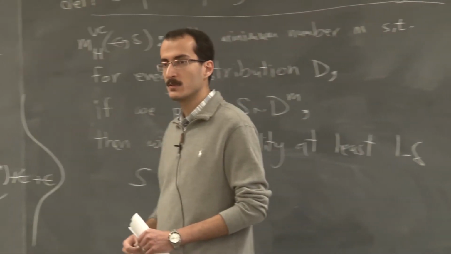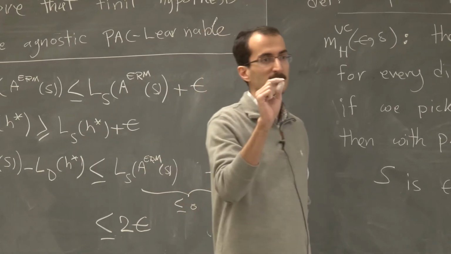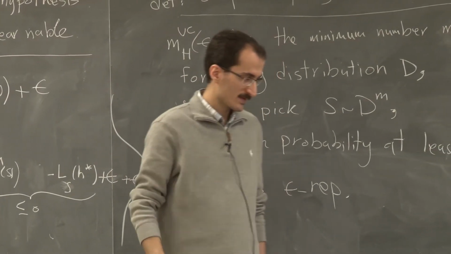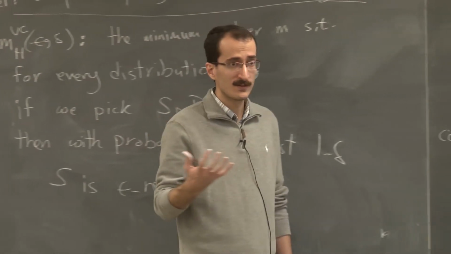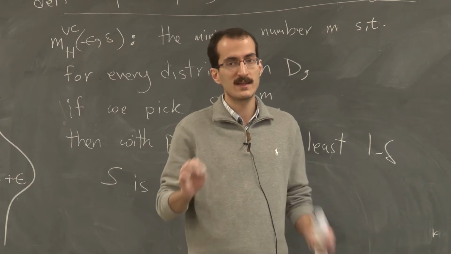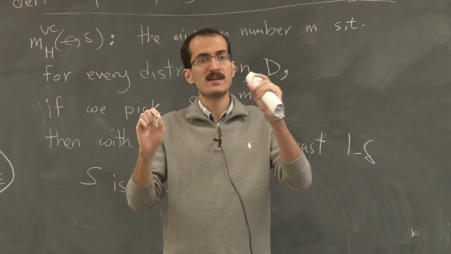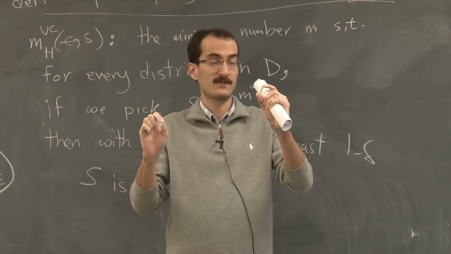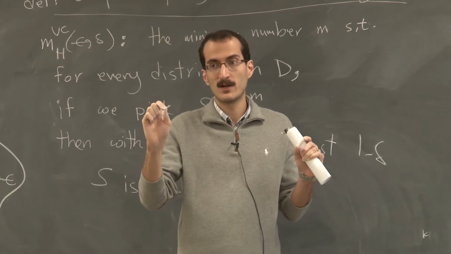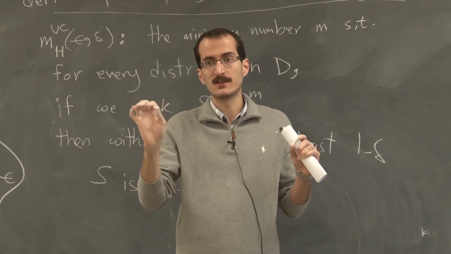And the second step will be to combine all these. We have a bound for this hypothesis, we have a bound for the other hypothesis, and we want that for all of them together, the true error is close to the empirical error. So assume that we have just two hypotheses in our class. What can we do? For example, 1% of the time this one fails, 1% of the time this one fails, by which I mean that its true error is not close to its empirical error.